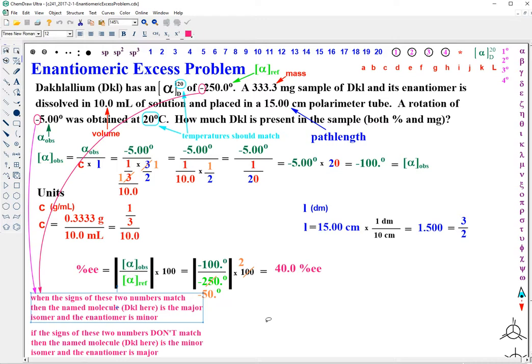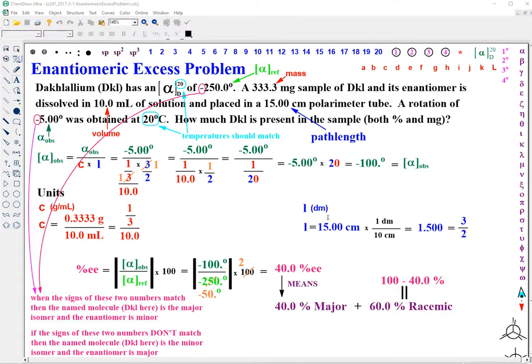Now we can interpret what 40% EE means. When you have a 40% EE, the solution behaves as if it is only 40% pure in the major isomer. Why is this? It's because the other 100 minus 40, 60%, is a 50-50 mix of doclalium and its enantiomer, and that portion of the solution does not rotate light.